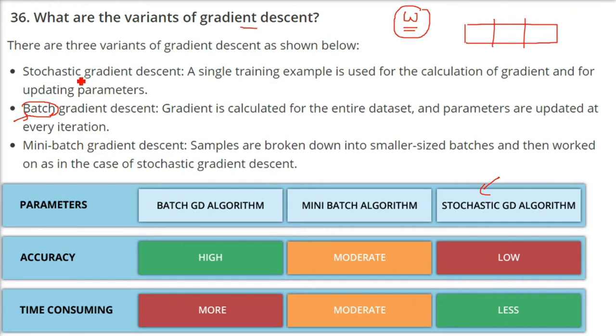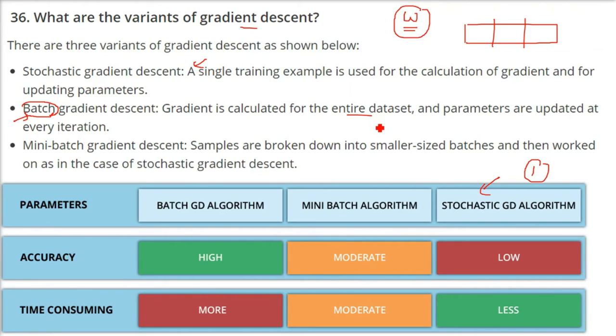So let us take one by one the stochastic GD algorithm. So here a single training example is used for the calculation of gradient and for updation of the parameters like the weights and biases, etc. Coming to the batch gradient descent, gradient is calculated for the entire data set, and means entire batch, and parameters are updated at every iteration.